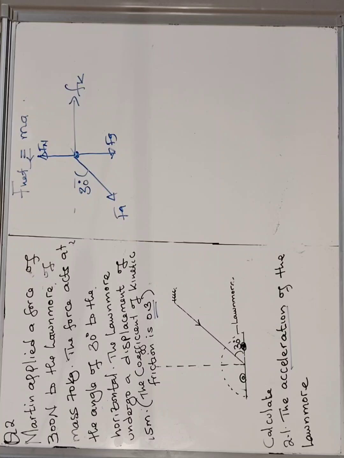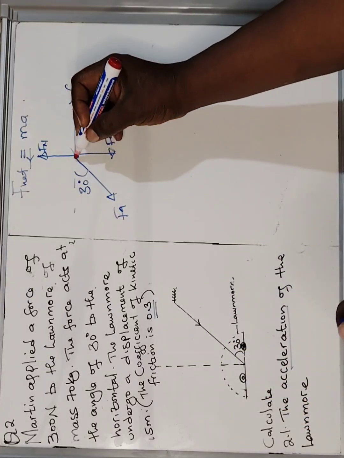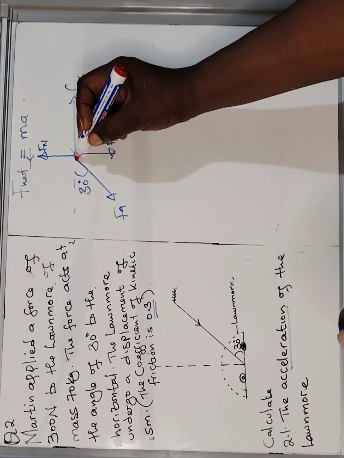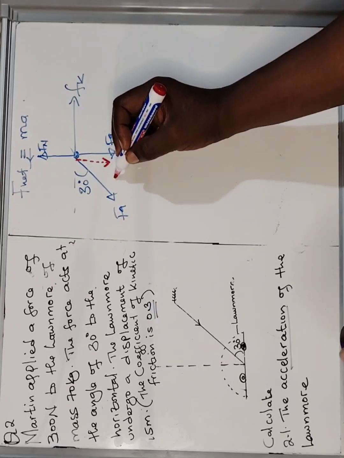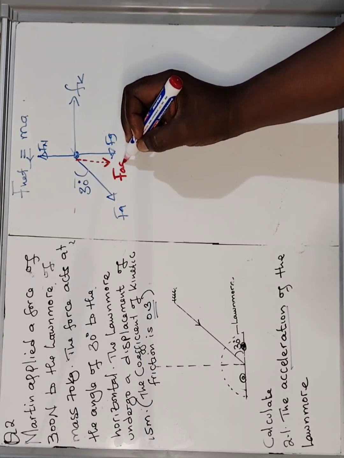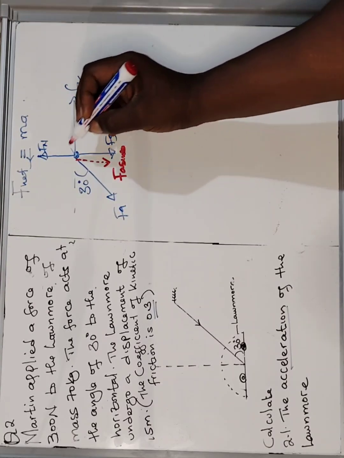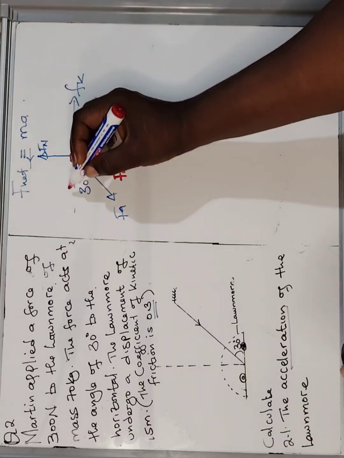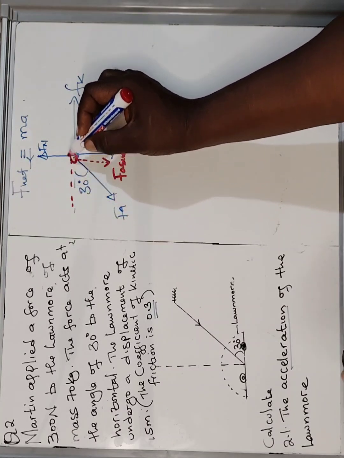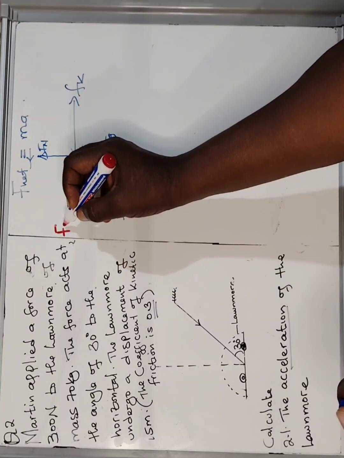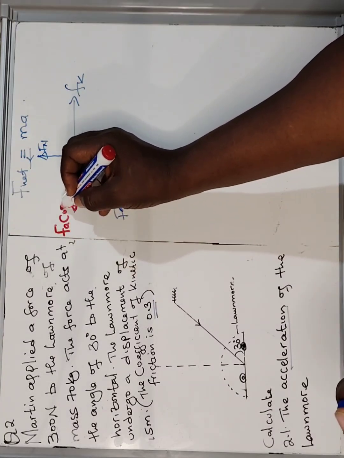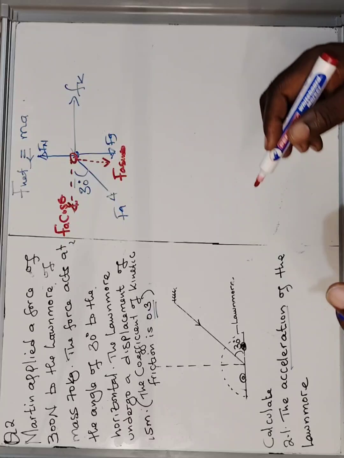What is our next step? Our next step is to find the components of our applied force. Our applied force has this component, which is Fa sine theta, and also this component, which is Fa cos theta.